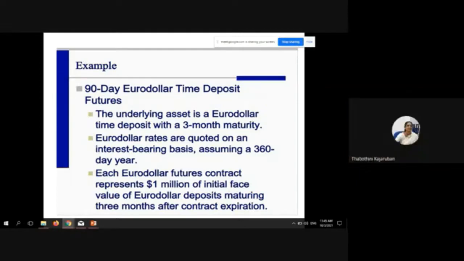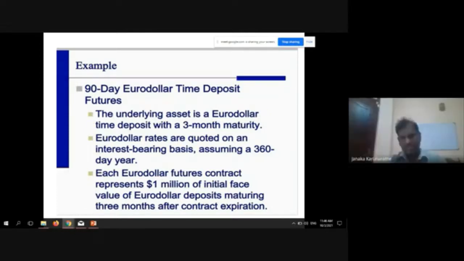Create an asset matching with that term, 3 months. That's right, but how do I do it using the contracts? This euro-dollar futures contract.